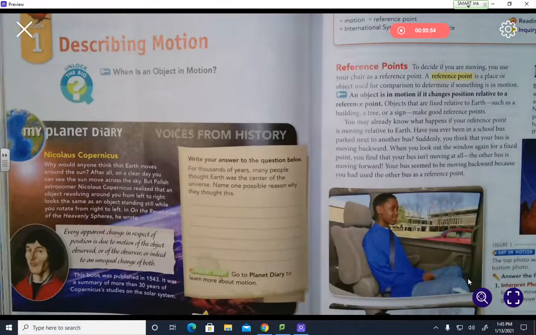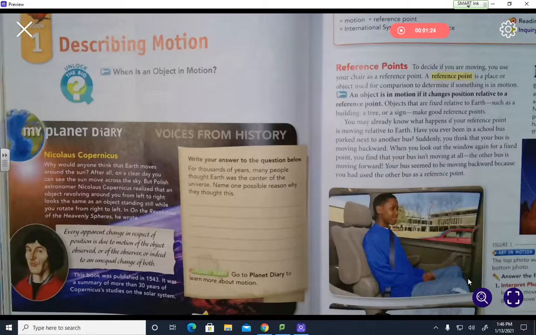Start off with the My Planet Diary, a little bit about history. Talk about Nicholas Copernicus. Why would anyone think that Earth moves around the sun? After all, on a clear day, you can see the sun moves across the sky. But Polish astronomer Nicholas Copernicus realized that an object revolving around you from left to right looks the same as an object standing still while you rotate from right to left.